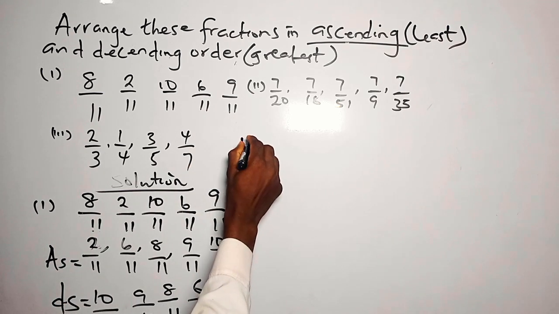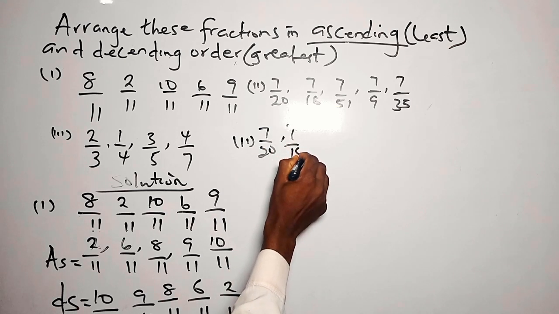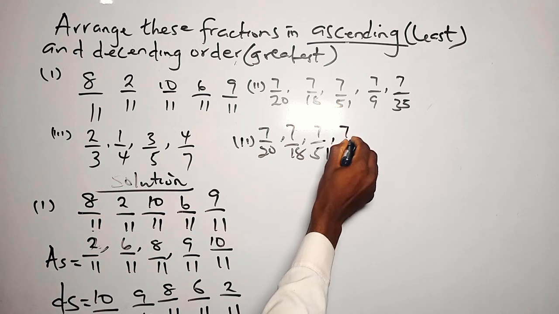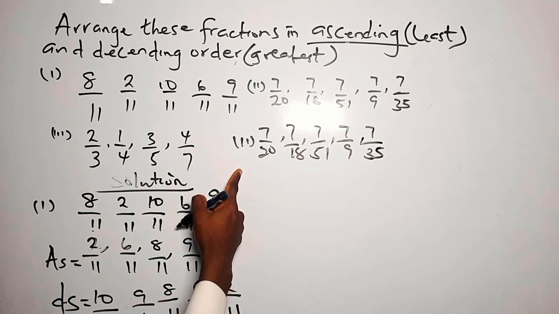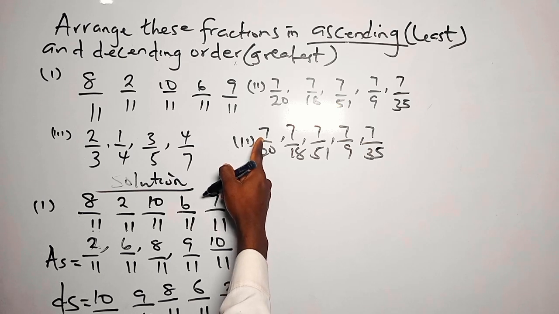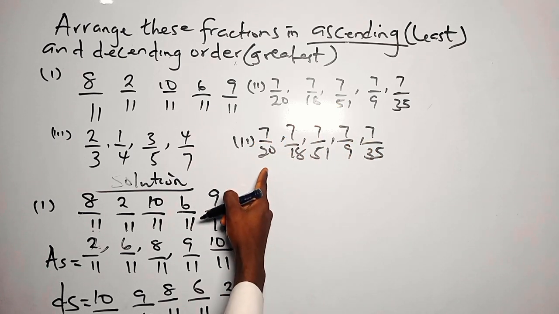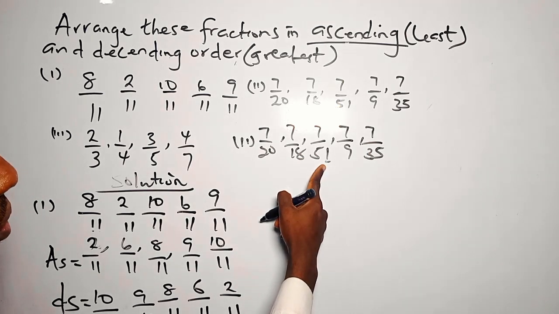In illustration 2, we have 7 over 20, 7 over 18, 7 over 51, 7 over 9, and 7 over 35. When we look at this, we have the same numerator and different denominators. The highest denominator will always be the least number.